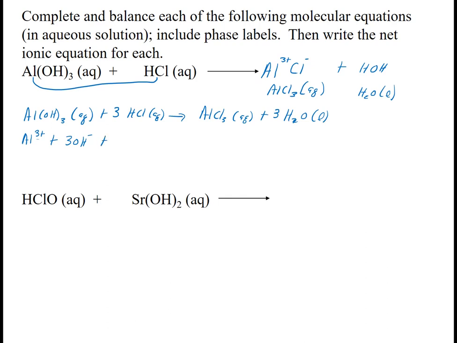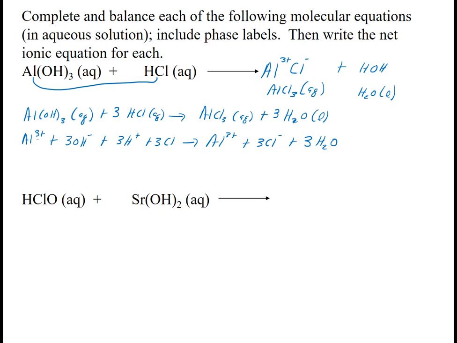Plus 3 H with a positive, plus 3 Cl minuses. So 3 times 1 is 3, 3 times 1 is 3. Goes to form, this one's aqueous, so it's going to form Al3+, 1 times 3 gives me 3 Cl minuses, plus as a liquid this stays together, so this is 3 H2Os.